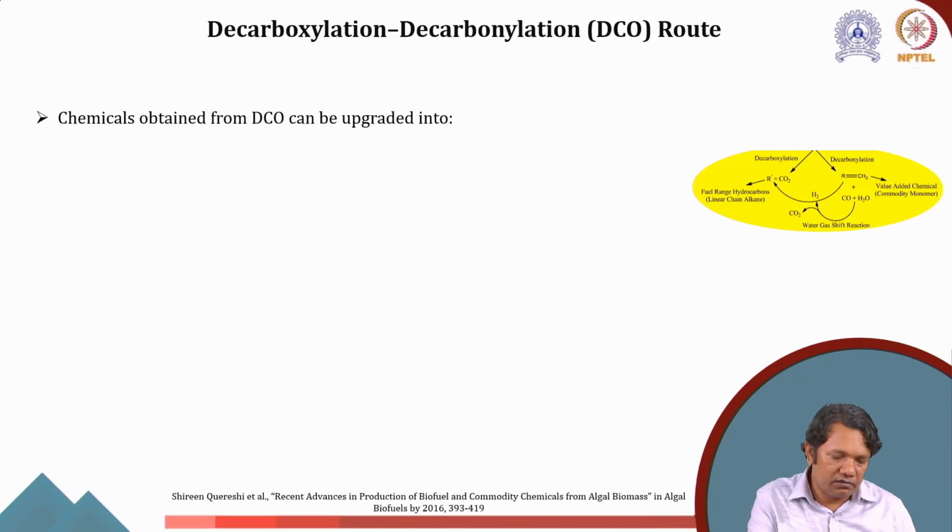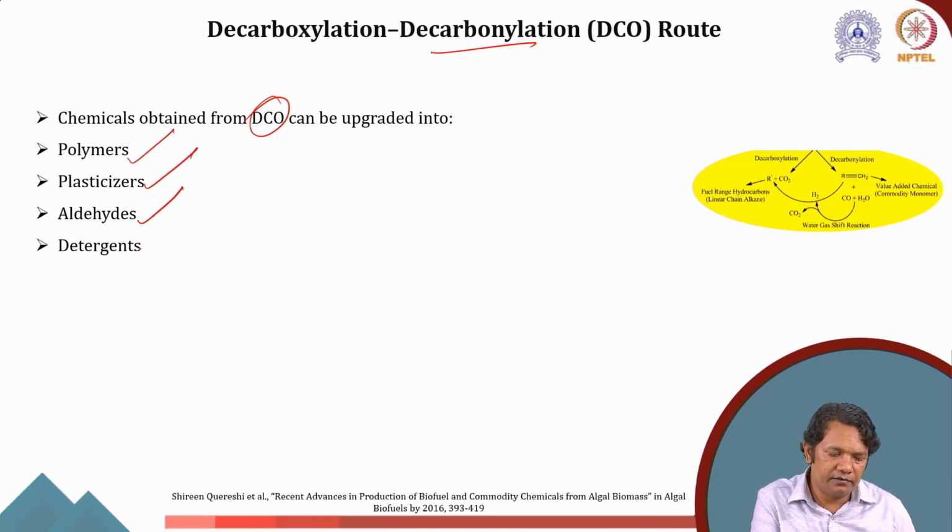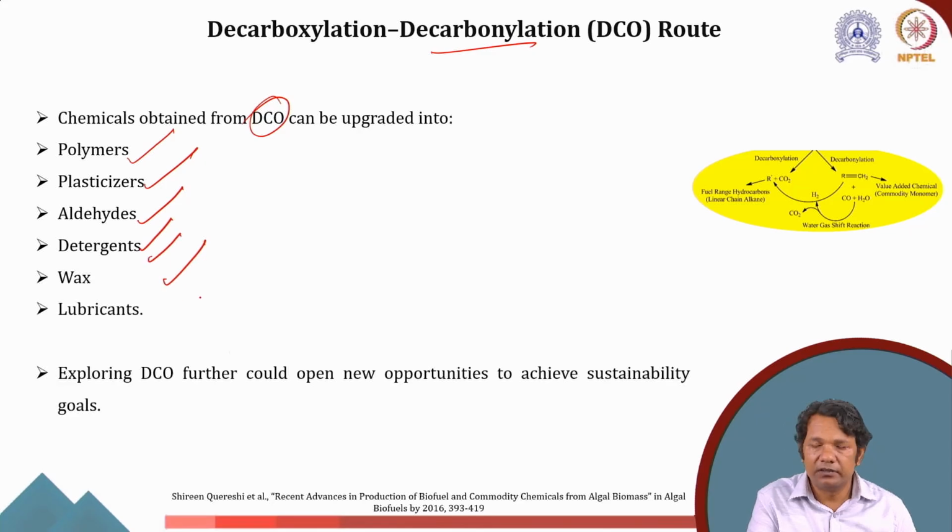The chemicals obtained from the decarboxylation and decarbonylation route can be upgraded into polymers, plasticizers, aldehydes, detergents, wax, lubricants, and other things. Therefore, exploring the decarboxylation and decarbonylation route can open a window of new opportunity to achieve the sustainability goals.